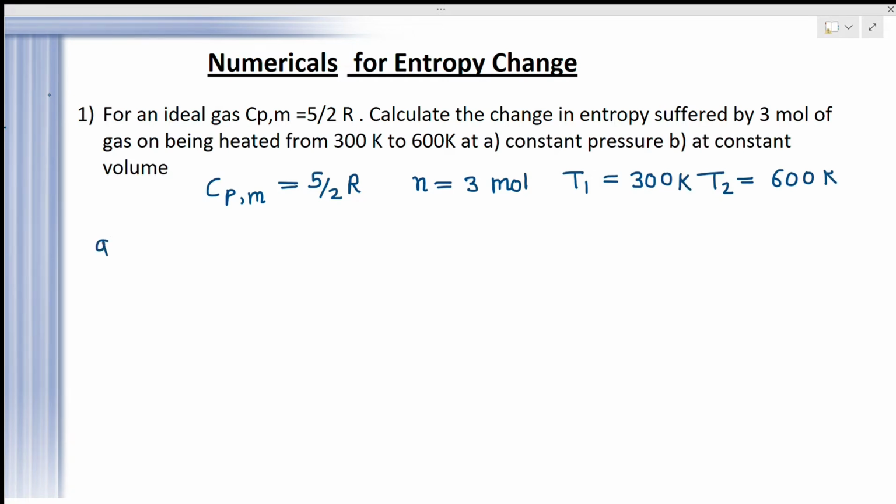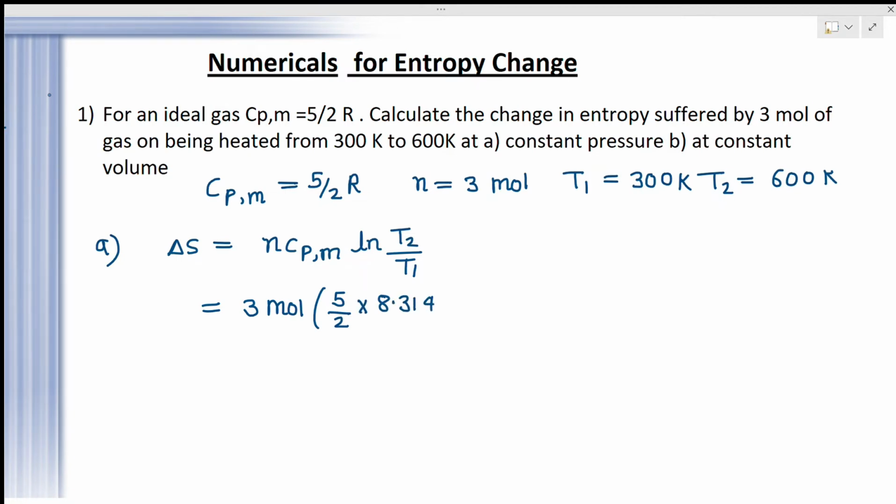Now firstly we have to find del S at constant pressure. For this we use the formula del S is equal to n CPm natural log of T2 upon T1. So put here 3 moles, and always use the units. CPm is 5 by 2 R, where R's value is 8.314 joule per Kelvin per mole.